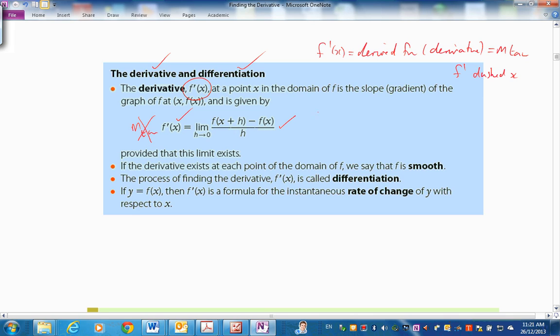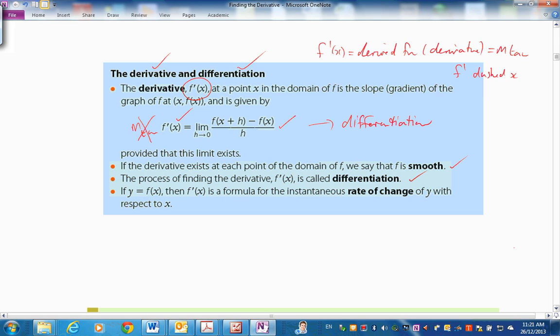This process of doing this is called differentiation. We're differentiating between the rates of change along points on the curve. Now, if it exists everywhere, it's a smooth curve. That's not actually part of the IB course to know that. The process of finding the derivative is called differentiation.